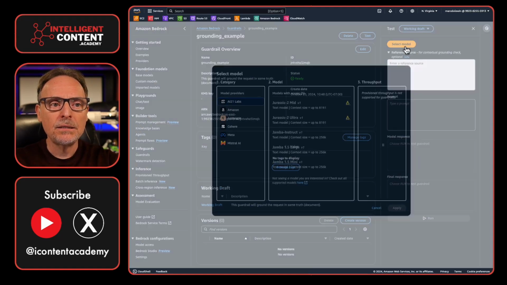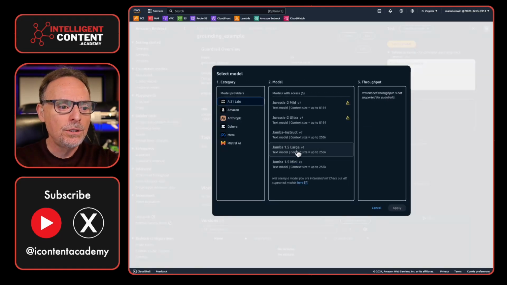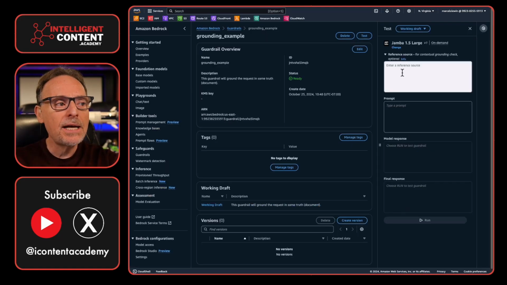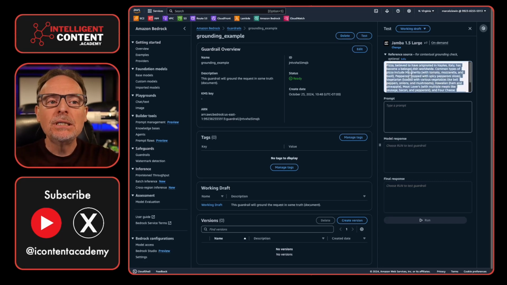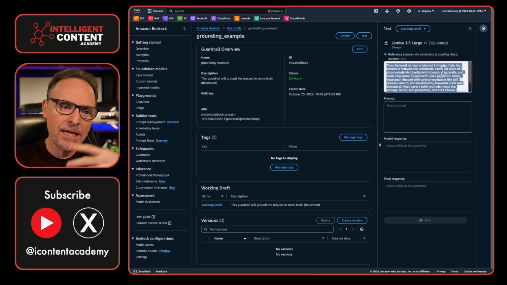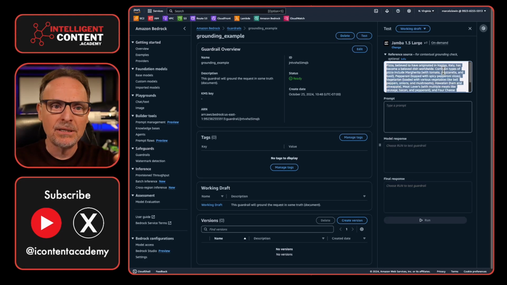We'll test it out. Let's select the model. Again, we'll do that. All right, let's start with the test. And we're going to provide some grounding. And the grounding, unfortunately here, shows white on white. I don't know why it did that. But let me see if, there we go, so you can see it better. So it's all about pizza with me. I'm sorry. But pizza is believed to have originated... Now I went to ChatGPT and told it, hey, write a quick story about pizza and where it originated.